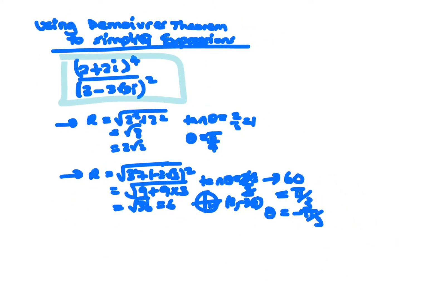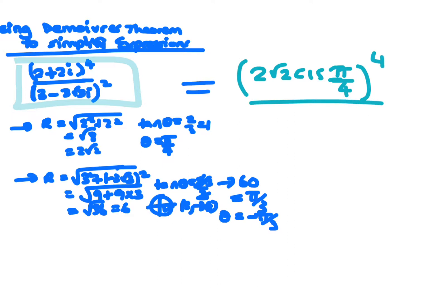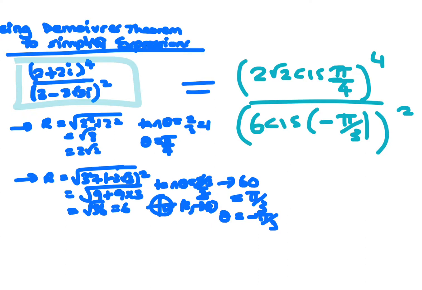So what that means now is we can let that equal, in mod arg form, 2 root 2 cis pi on 4, and that is to the power of 4, and it is all over 6 cis minus pi on 3, or 60, and you put a 2 there.